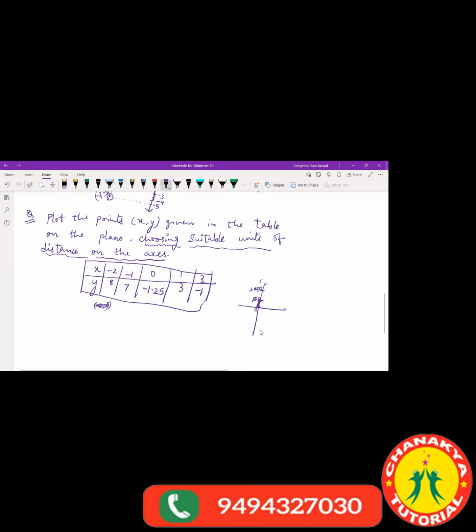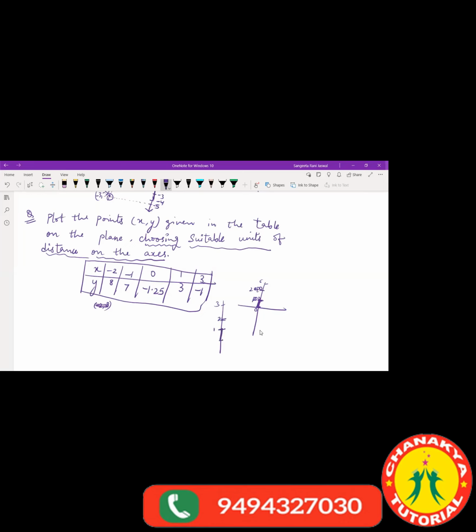See, in this question, the numbers are small. Okay, 1, 3, -1, -2. But somewhere when you have big numbers, 50, 60, if you take just one block to be 1, 2, 3, it will go out of your page. Okay, so to avoid that, what do we do? We take one unit to be a suitable one.